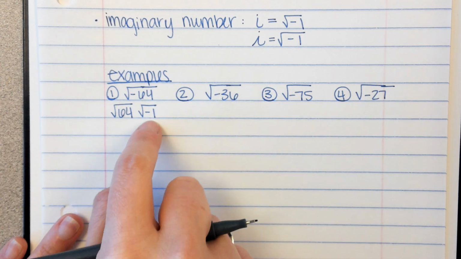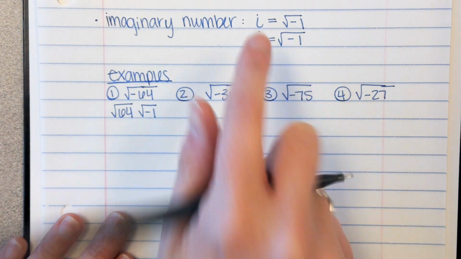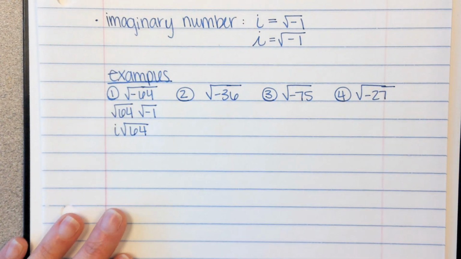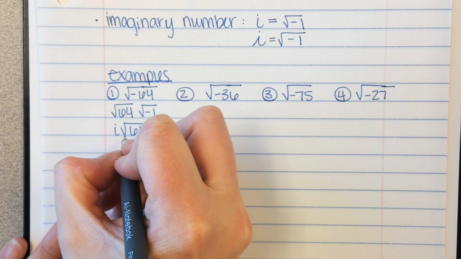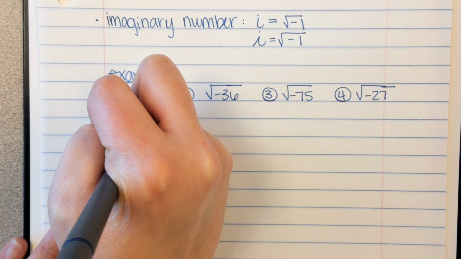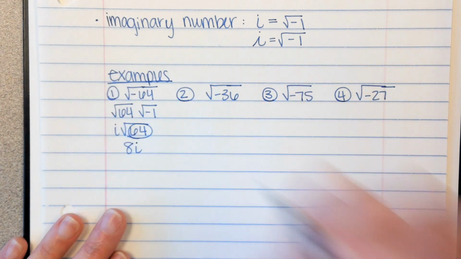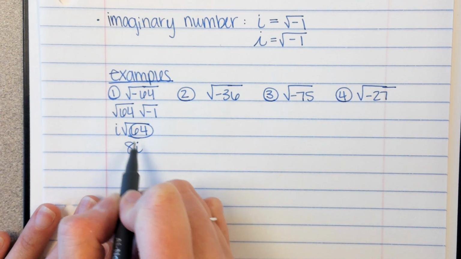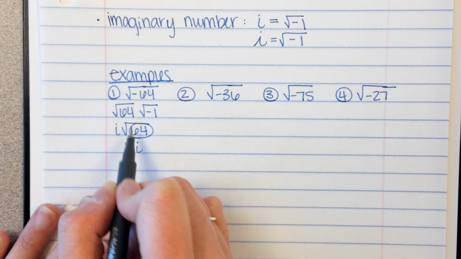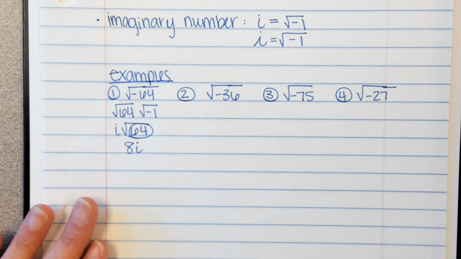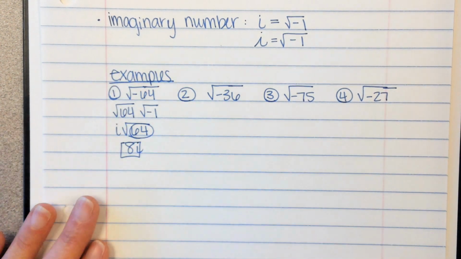We know that the square root of -1 is i, so that's the same as i times the square root of 64. And we know that 64 is a perfect square, so the square root of 64 is 8. So we have 8i. Now, when you write your answers, the i usually comes after a whole number, but before a radical. Okay, so we'll see what it looks like on different problems.